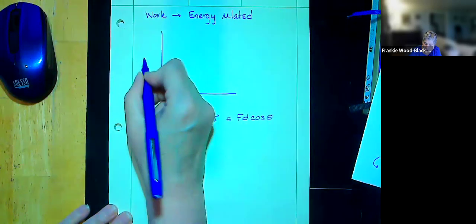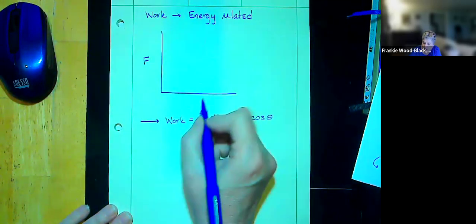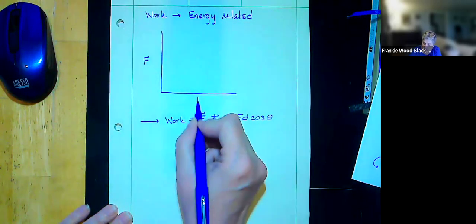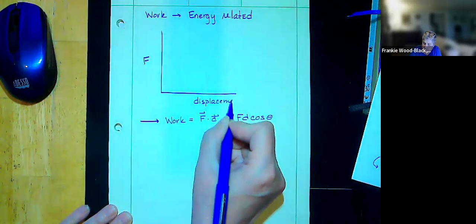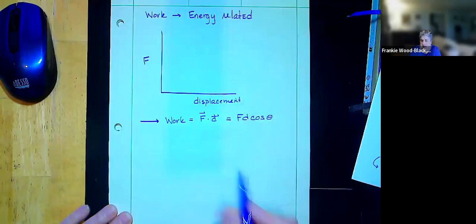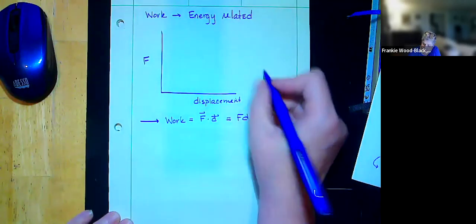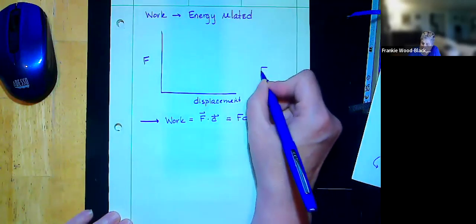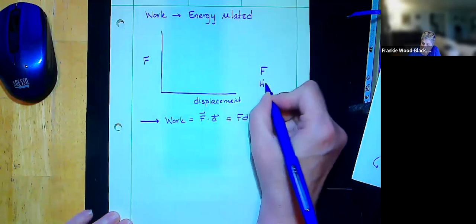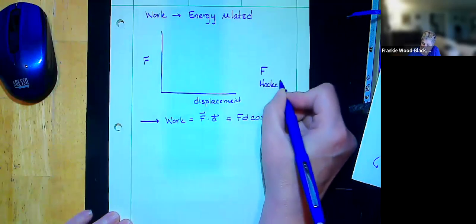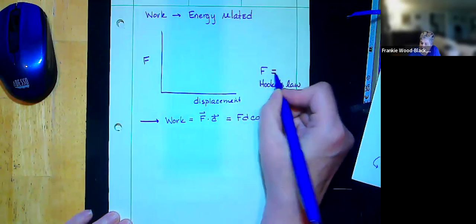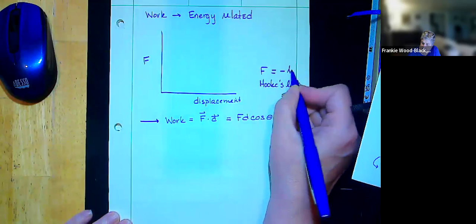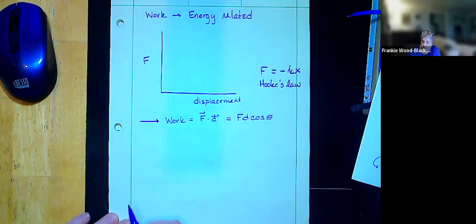But if I do a force versus displacement, we could actually look at this as a spring. Remember my spring equation, Hooke's law. Hooke's law was equal to a negative spring constant times x.